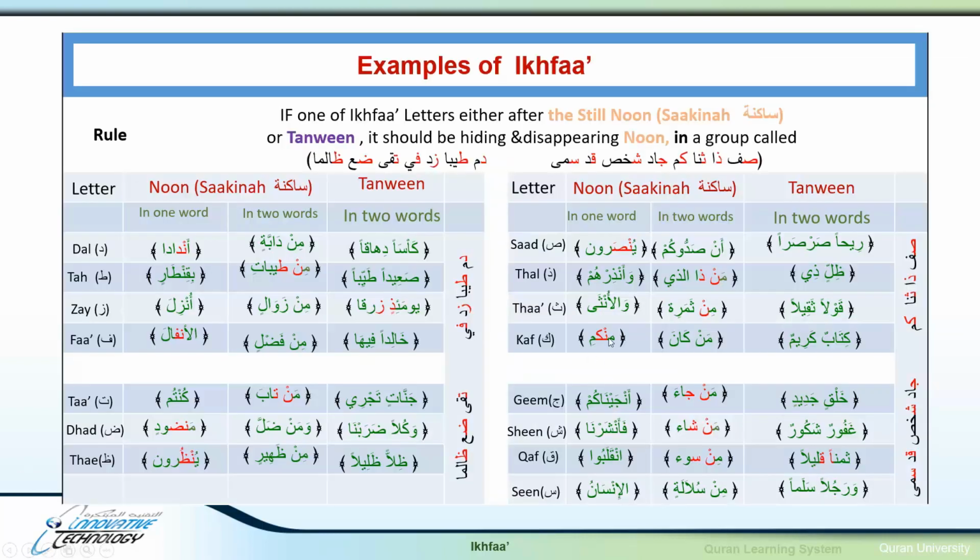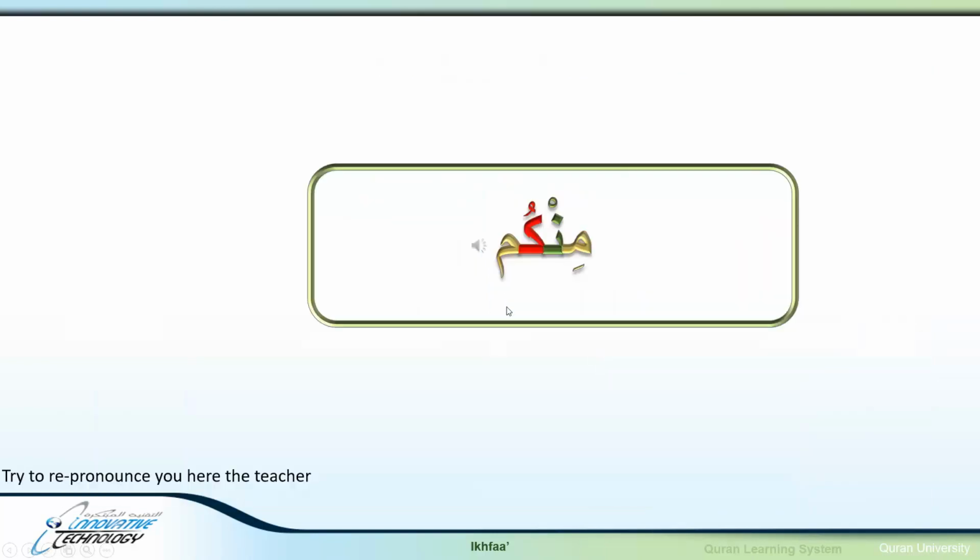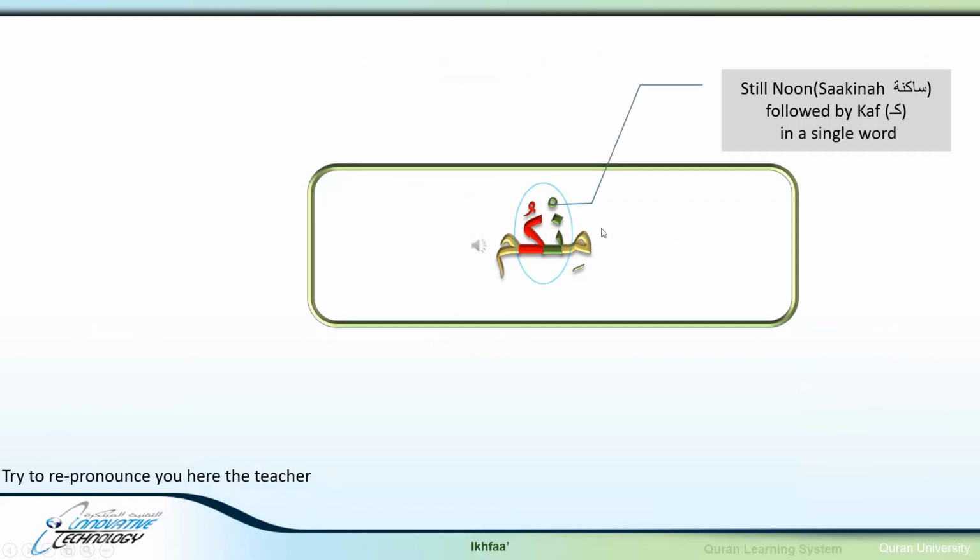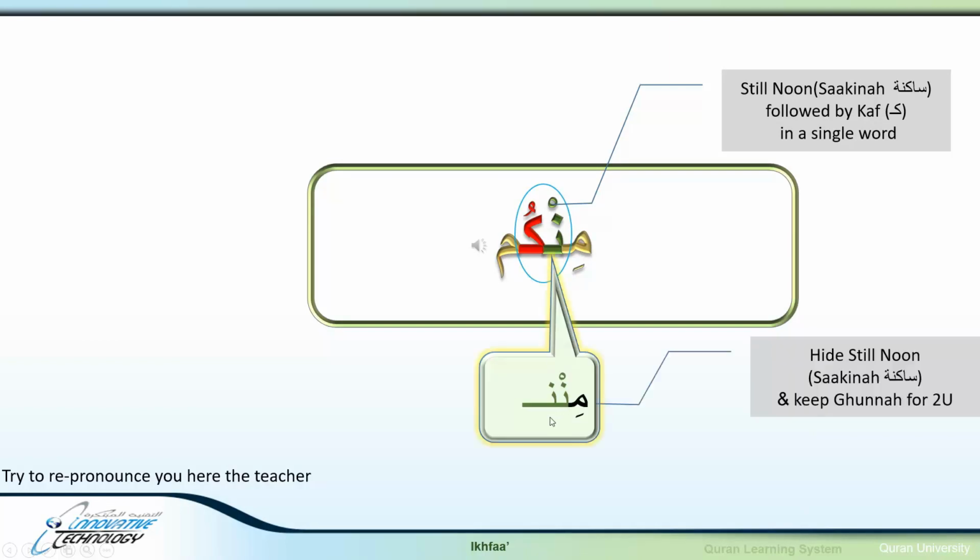The next example is minkum. Kaf following the noon in 1 word. Noon Sakinah followed by Kaf. When we apply Ikhfaa on it, we will hide the noon and then keep the Ghunna for 2 units. And it will sound like this.